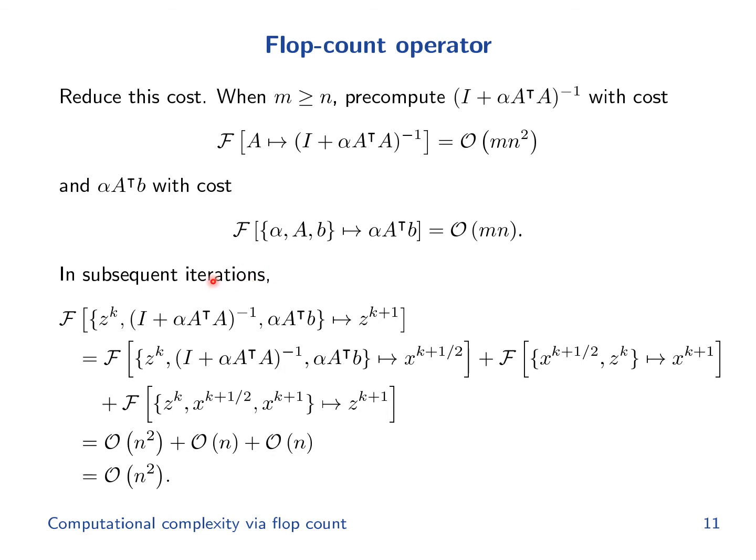Then, at all the subsequent iterations, the per iteration computation boils down to using zk as well as the stored quantities in memory to compute the first DRS step, then the second DRS step, and then the third DRS step. This is dominated by multiplying the matrix with the vector, which costs O(n squared). So the total cost is dominated by O(n squared) per iteration.